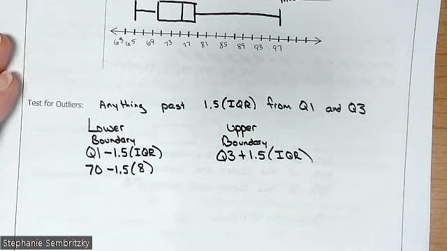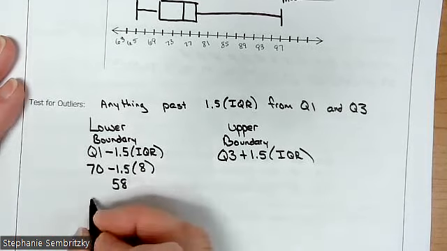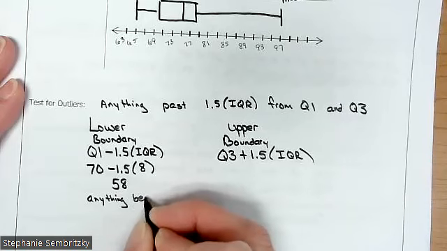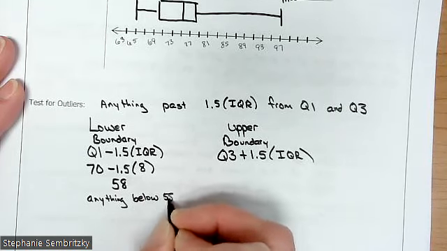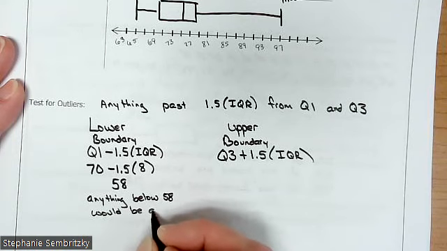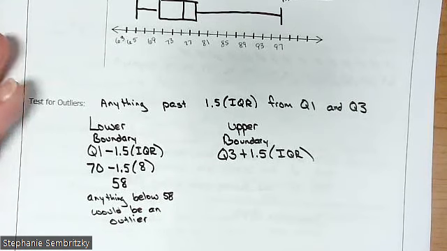I got 58. Okay, 58. So anything below 58 would be an outlier. That's my lower boundary. You can see that on the calculator, right?